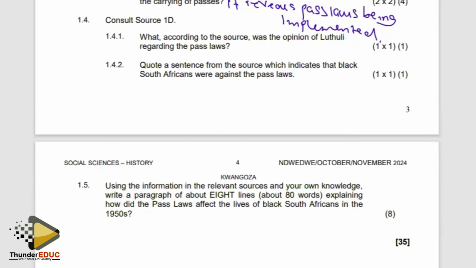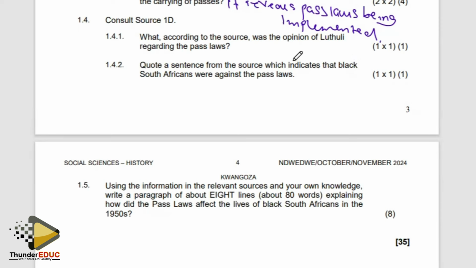Let's go to our question here. Question 1.4.1 says, what, according to the source, was the opinion of Lutu regarding the pass laws? All right, so let's see. The opinion of Lutu regarding the pass laws.